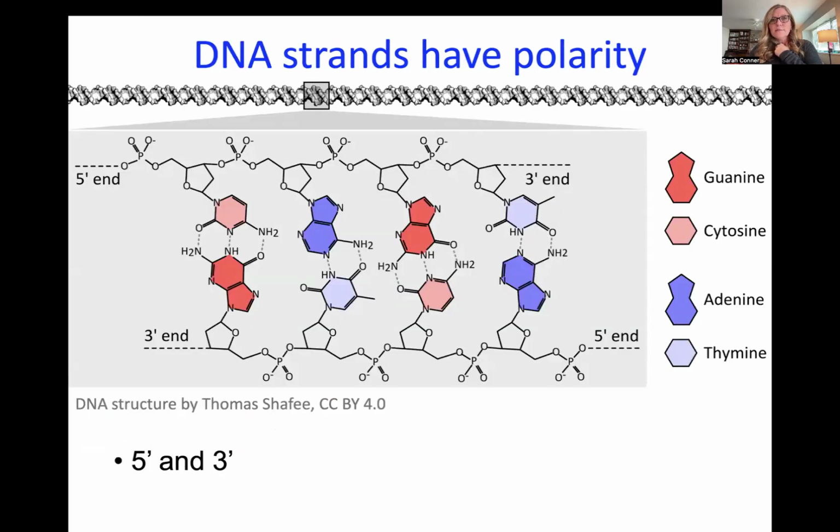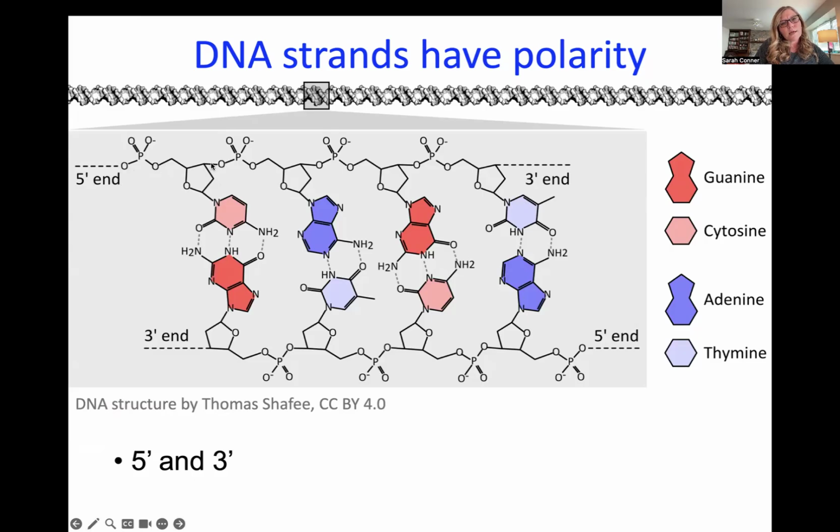Another thing to note is that there is polarity in a DNA strand. The polarity is indicated by the 5 to 3. So when we're talking about how it's running, this is basically what we mean. DNA runs from 5 to 3, which means we're coming off of the phosphate here, and the next one that you're going to see, if we're connecting another nucleotide, is that 5 carbon sugar.